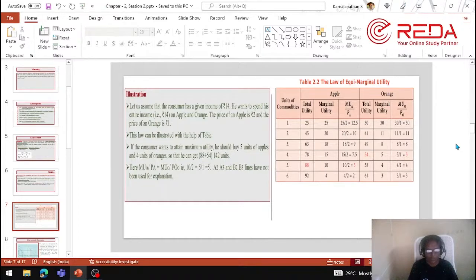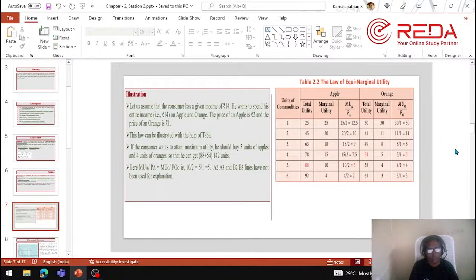When the consumer consumes the second orange, the total utility is 41, marginal utility is 11, and the marginal utility of the consumption of orange when the price is 1 is equal to what? Price means the money value of the orange is 1. So 11 by 1 is equal to 11.